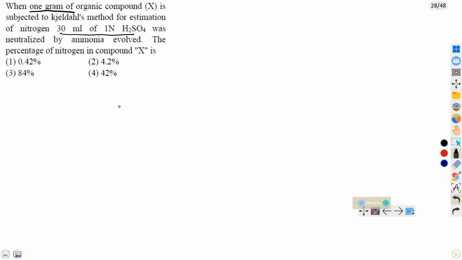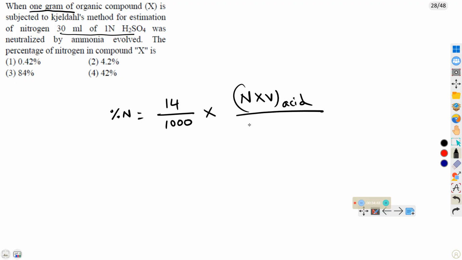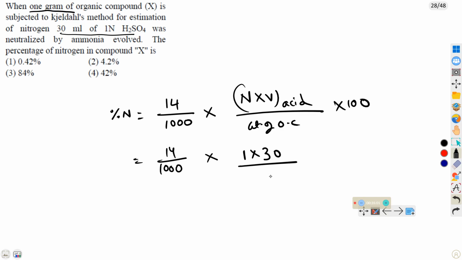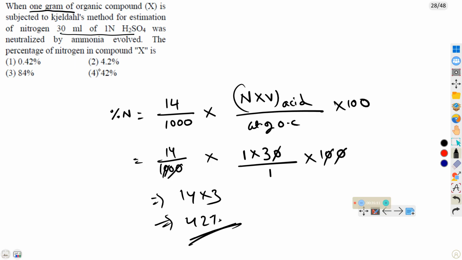The percentage of nitrogen, by Kjeldahl's method, is 14 by 1000 into normality into volume of acid by weight of organic compound into 100. 14 by 1000 into normality 1, volume 30, weight of organic compound 1, into 100. The zeros cancel. 14 into 3 is 42%. Fourth option correct.